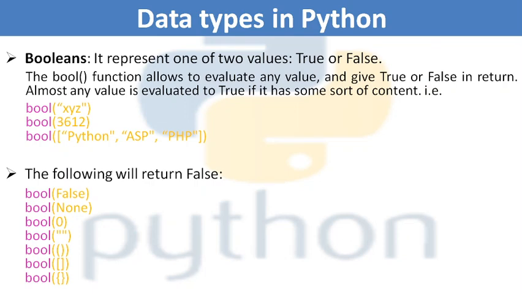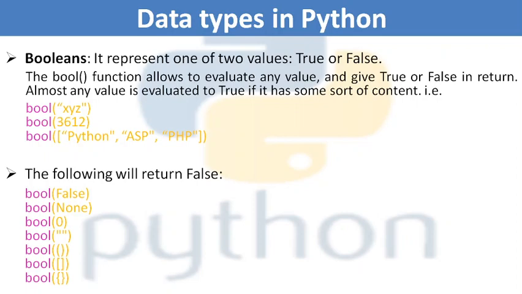So booleans. A Boolean represents one of two values, either true or false. The bool function allows us to evaluate any value and give true or false in return. Almost any value is evaluated as true if it has some sort of content, that is, if it contains some data like a string, number, float, list, or any kind of data.